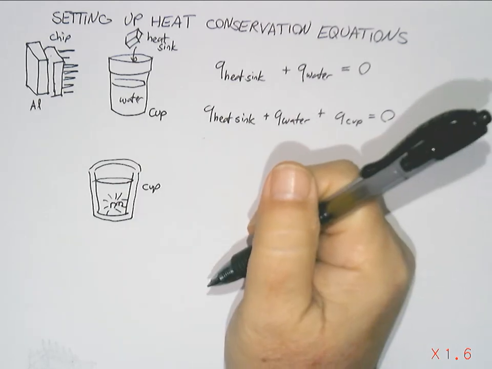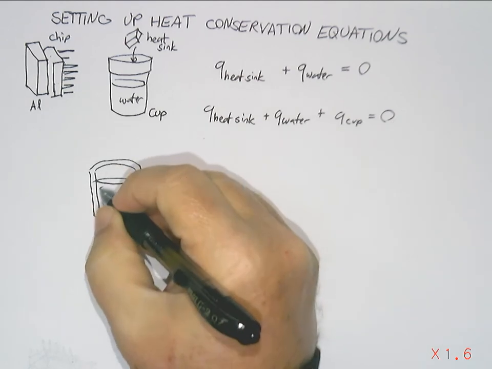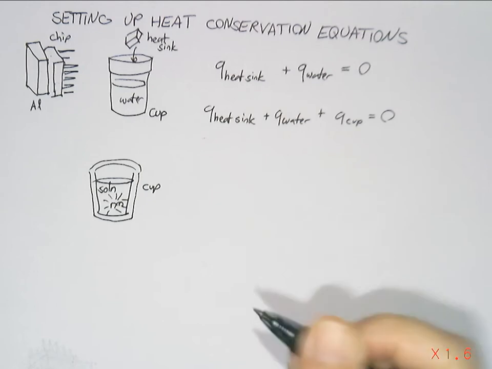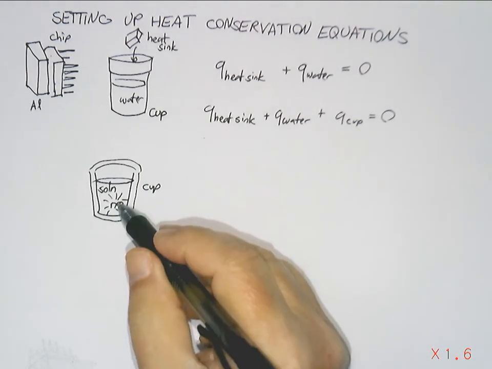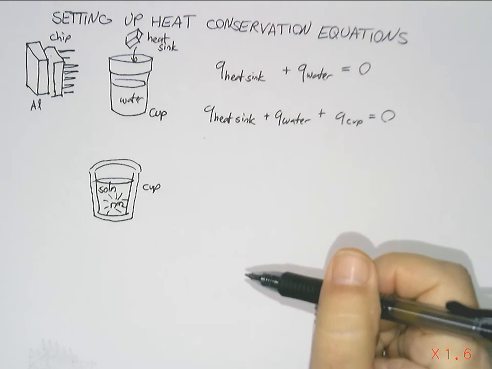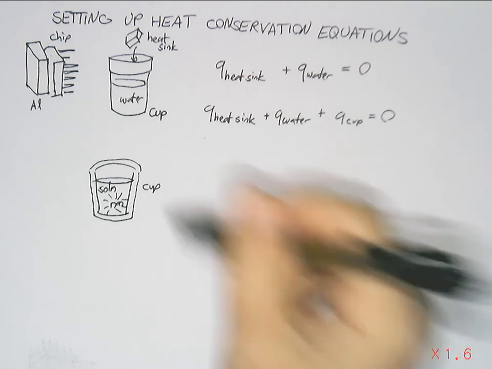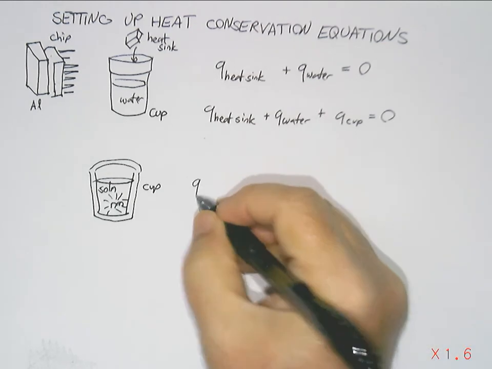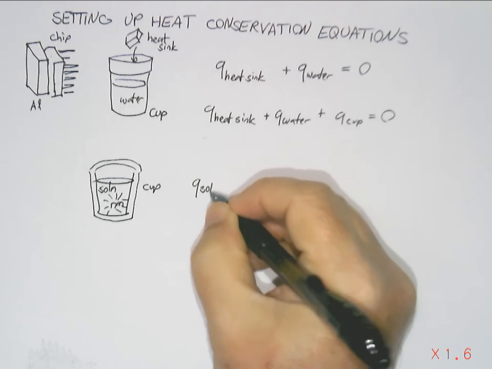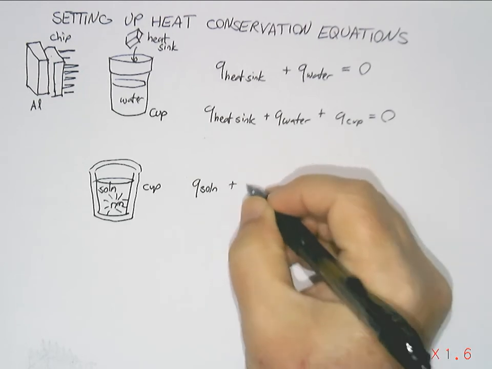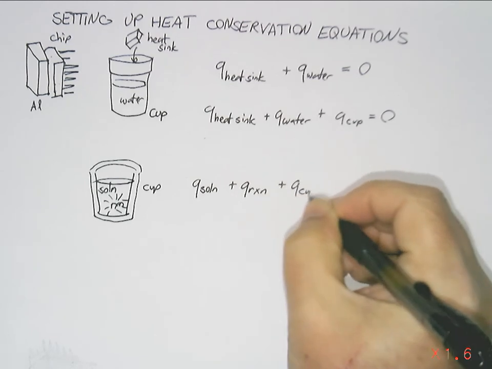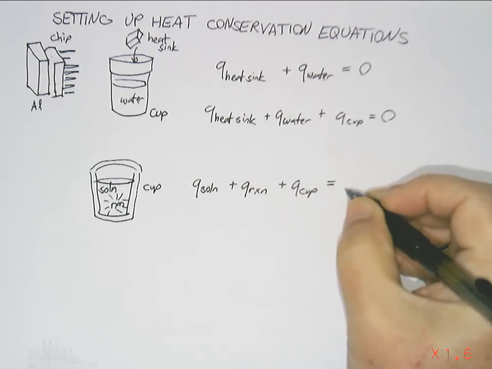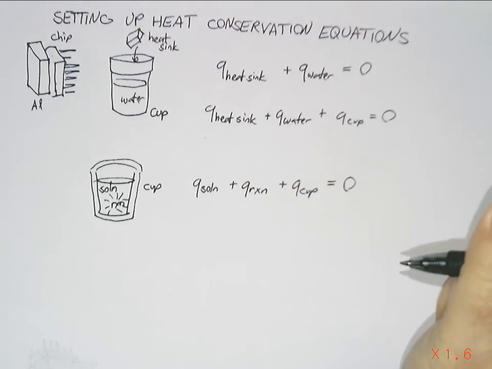So maybe I have a neutralization reaction occurring in here. And I also have a solution that the reaction is occurring in. So there are three components of my system here. The reaction is producing heat, the solution around it is absorbing heat, and the cup is absorbing heat. And I can write my heat conservation equation as Q solution plus Q reaction plus Q cup, and those things, in order for energy to be conserved, all add up to 0.